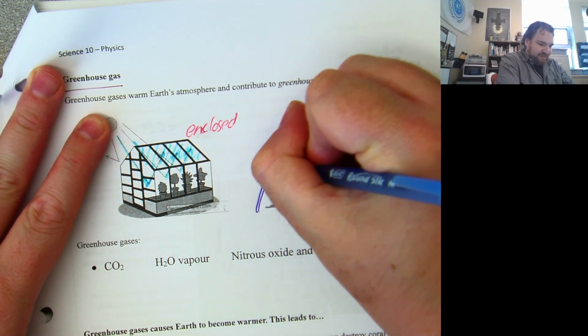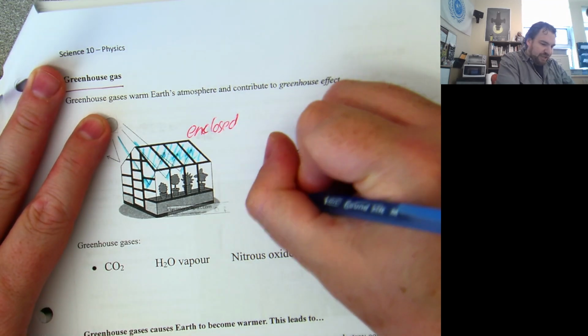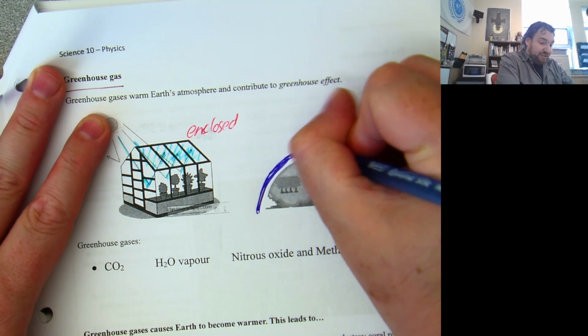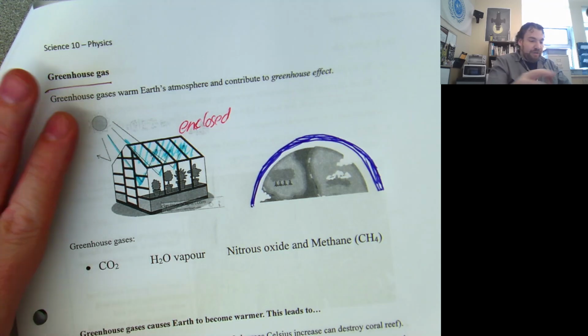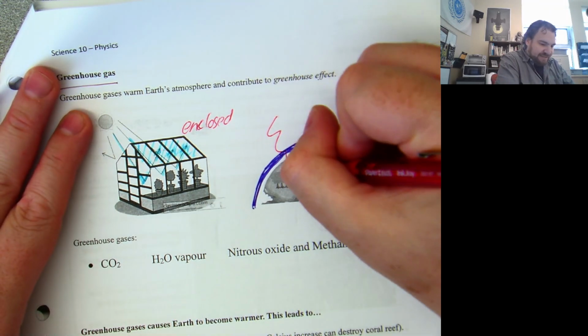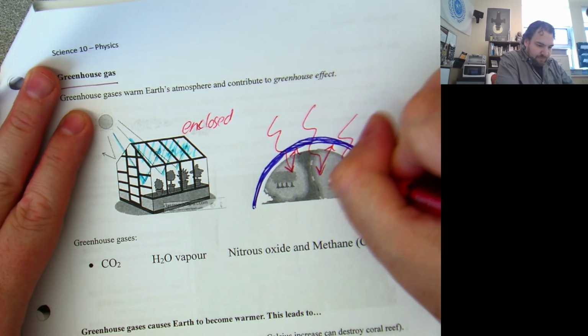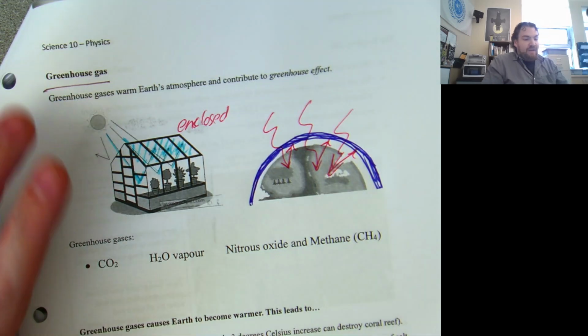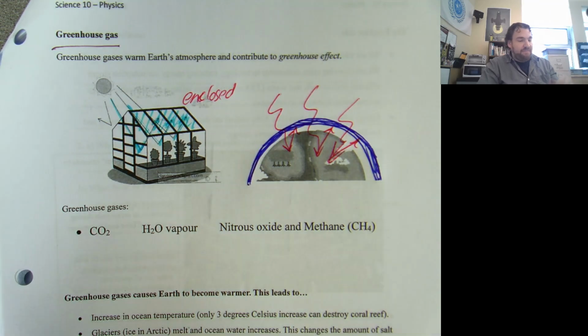And in that atmosphere, we've pumped a bunch of chemicals that are labeled as greenhouse gases, because they do a really good job of allowing things to pass in, but not out. And when this happens long enough, over a large enough period of time, you get this effect we call global warming.